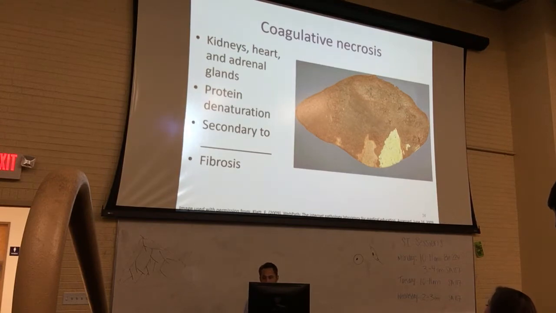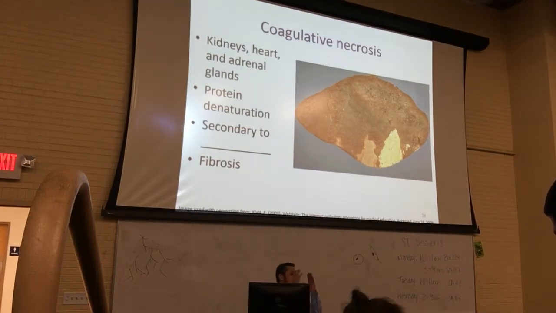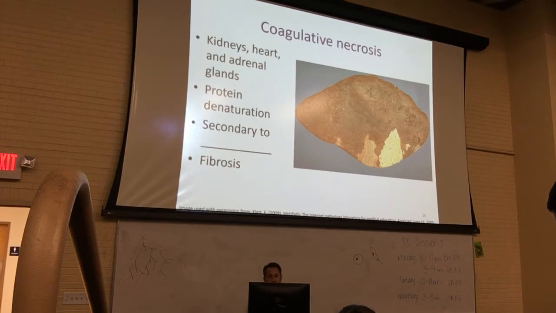Grossly, the tissue is usually firm, pale, and clearly defined. Very, very distinct borders. Fibrosis is just a fancy word that we'll continue to use throughout the semester that means a scar. And that's what you're looking at.